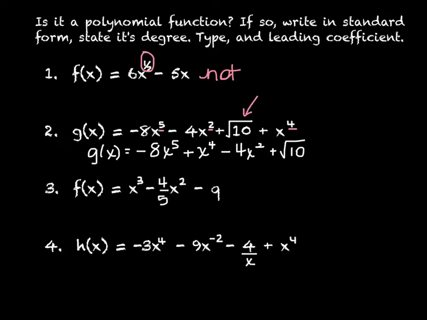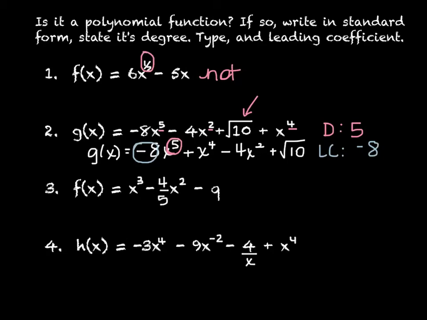I don't have a 3 to 2 to 0. And I want to state the degree. The degree of this would be the number of variables in the first term. So the degree of this would be 5. And the leading coefficient would be the coefficient in front of that term, which would be the negative 8.